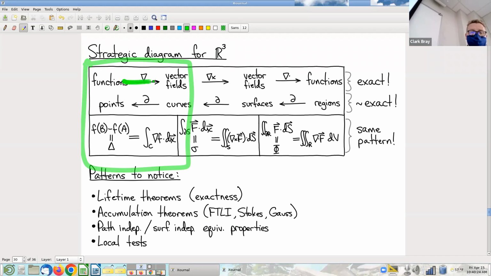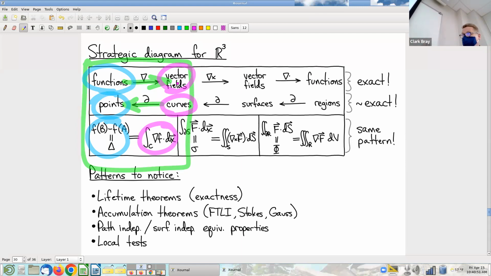If you have a function and you take its gradient field, if you have a curve and you look at its boundary points, then the change between those boundary points of the value of your original function is equal to the line integral around your original curve of the gradient vector field.